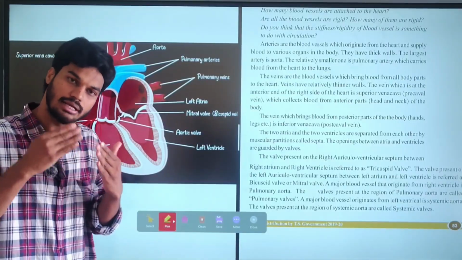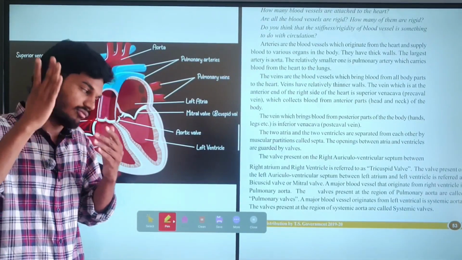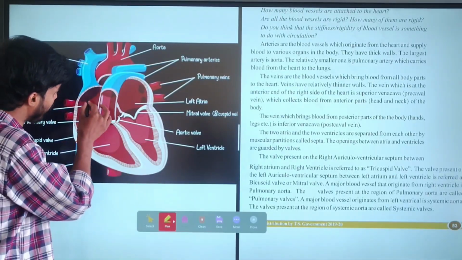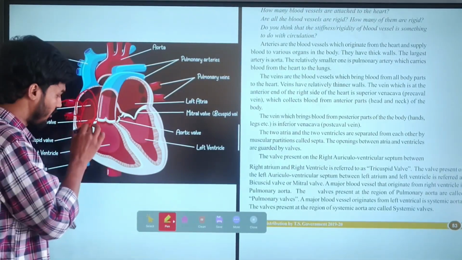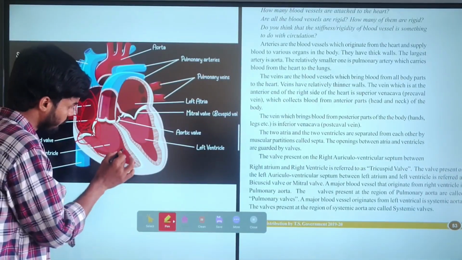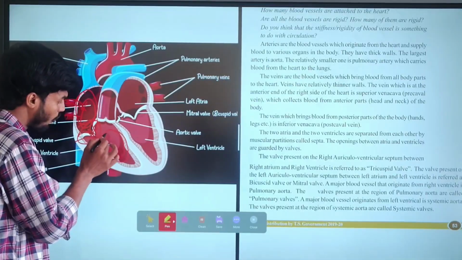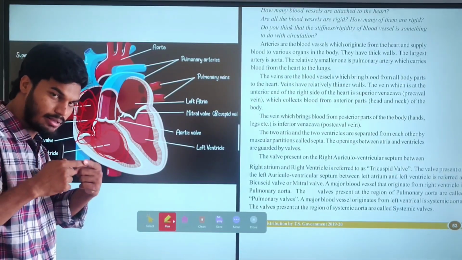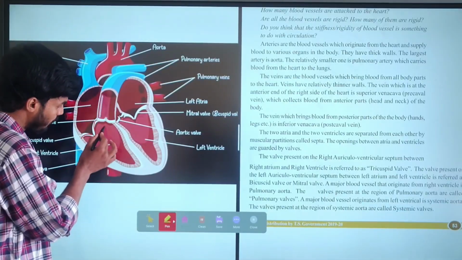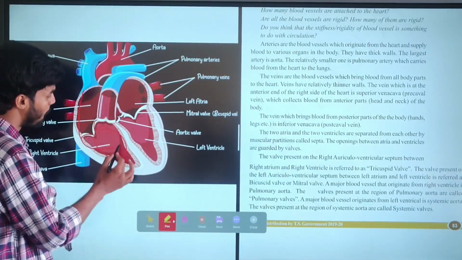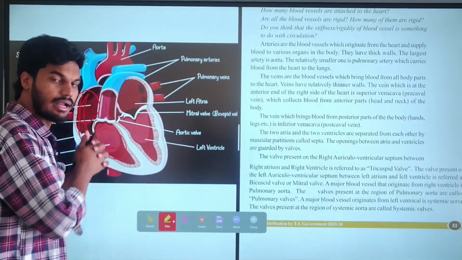The function of the tricuspid valve is to prevent the backward flow of blood. Listen carefully. Whenever blood enters the right atrium, it then enters the right ventricle with the help of the opening of the tricuspid valve. After opening, it closes. These valves closing prevents the backward flow of blood into the right atrium.